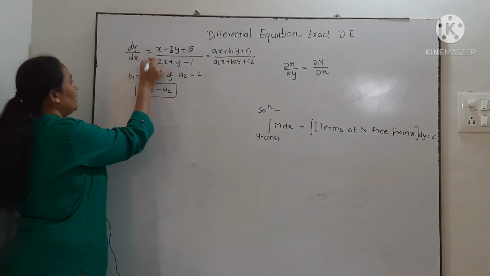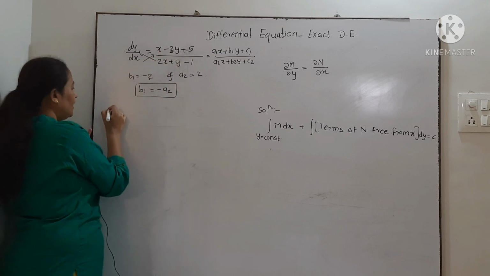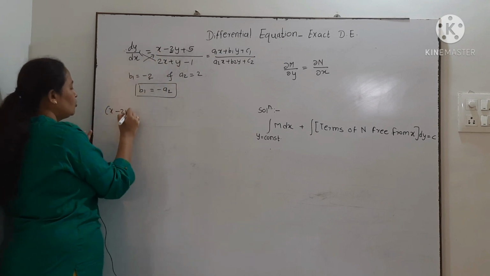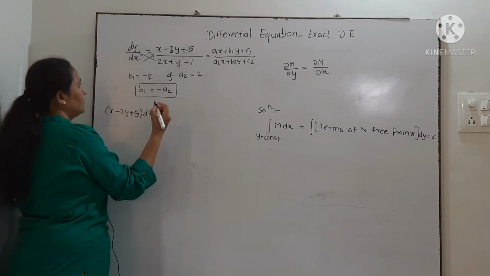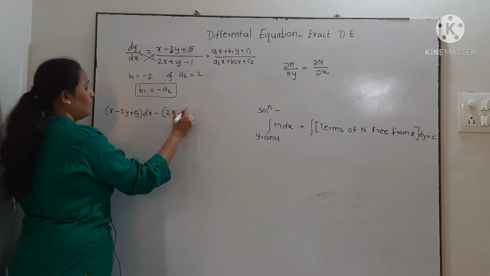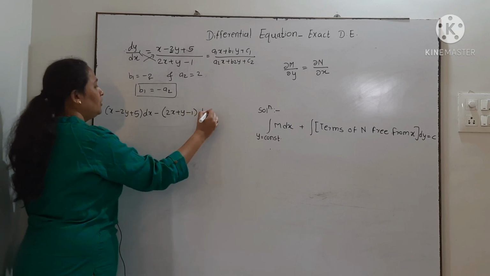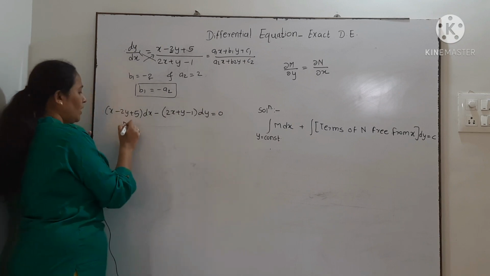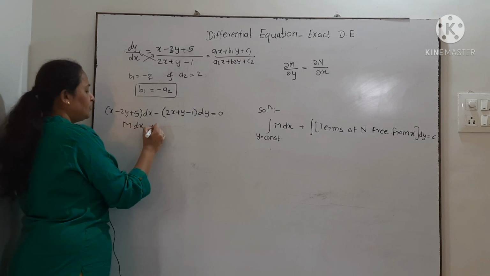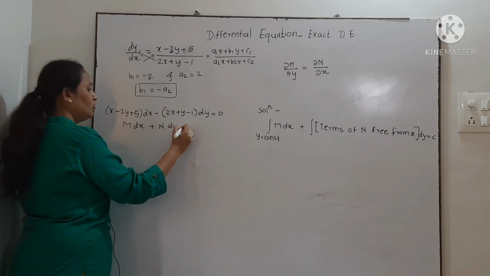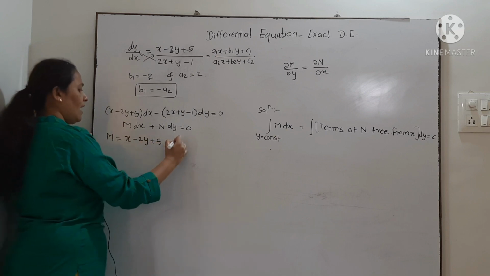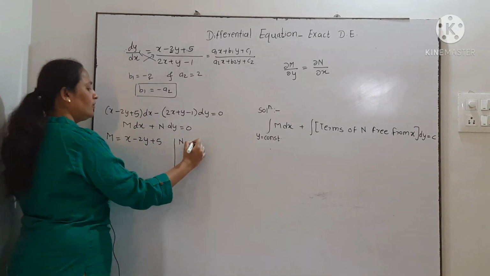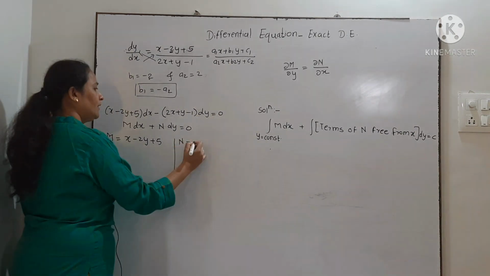If I take cross multiplication, we can write this as (x minus 2y plus 5) dx minus (2x plus y minus 1) dy equal to 0. Compare this with M dx plus N dy equal to 0. You will get the value of M, that M is equal to x minus 2y plus 5, and the value of N equal to minus (2x plus y minus 1).